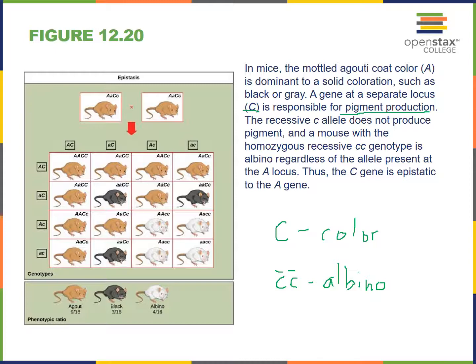The other gene we are tracking is the A gene. It's referring to the dominant coat color, which is agouti. Agouti is pretty much tan. If it has at least one big A, you're going to get the agouti color.